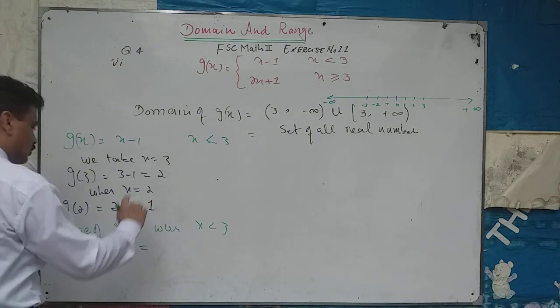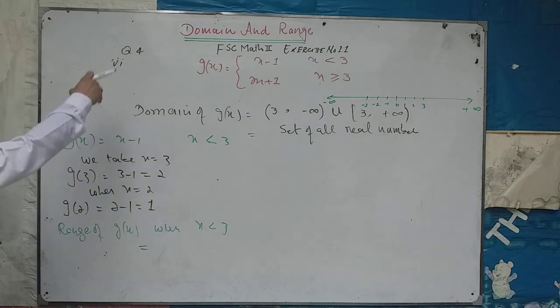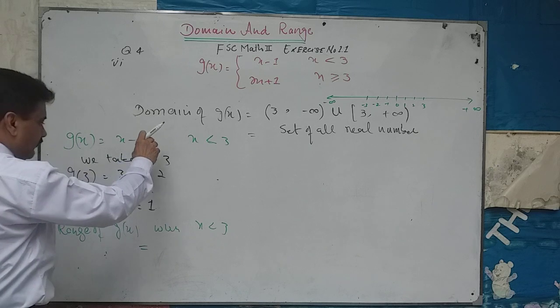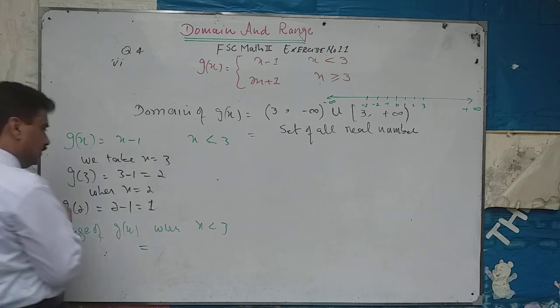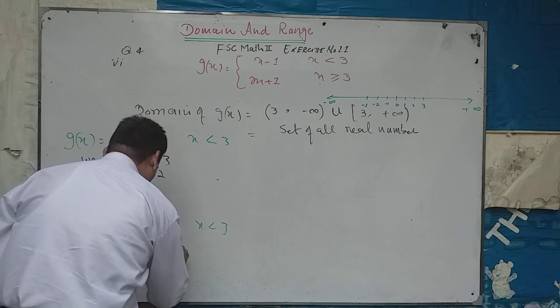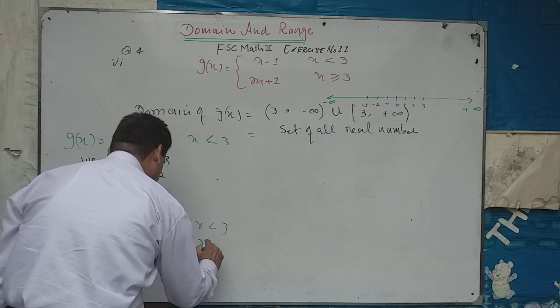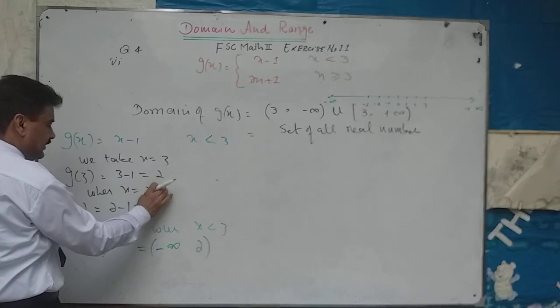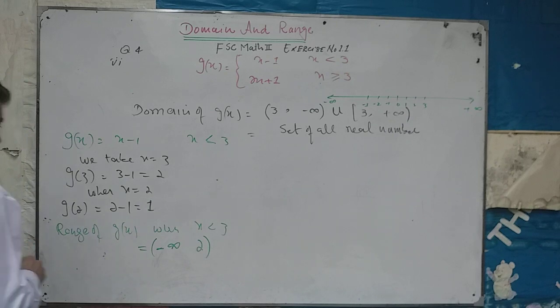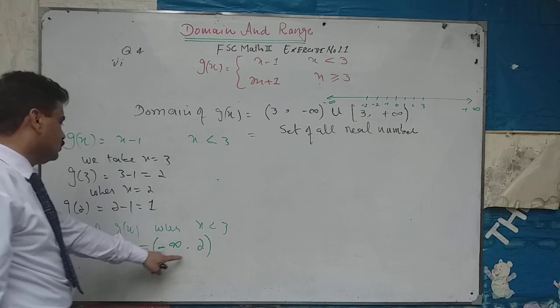Since 2 is not included in our range, but the values get smaller and smaller and go down to minus infinity, we write minus infinity to 2, but this 2 is not included in our range. This is one portion of the range.